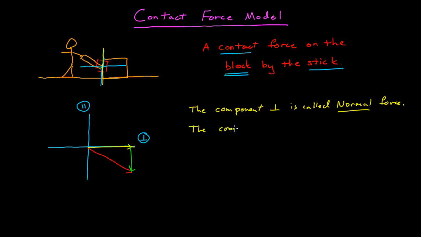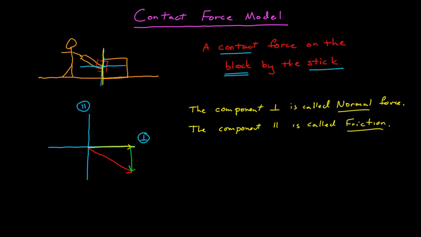And the component parallel is called friction, or the frictional force. So now we've broken our contact force into two types of forces, a normal force and a frictional force.